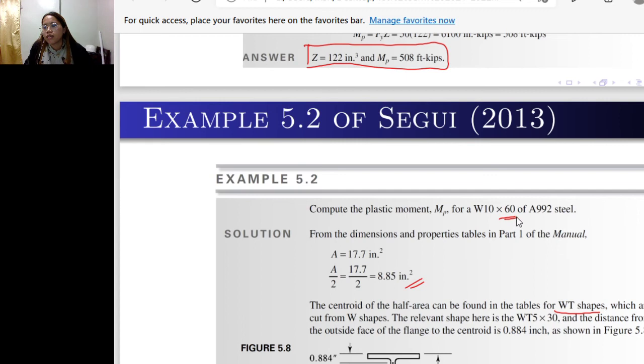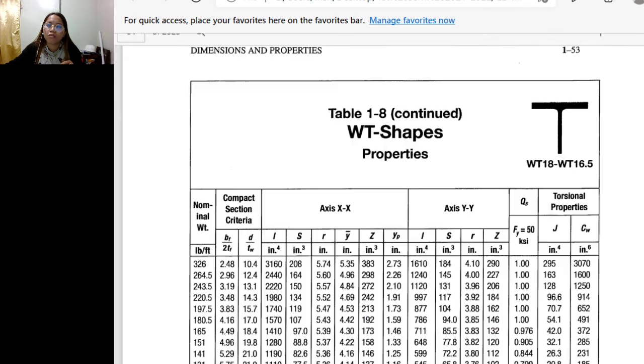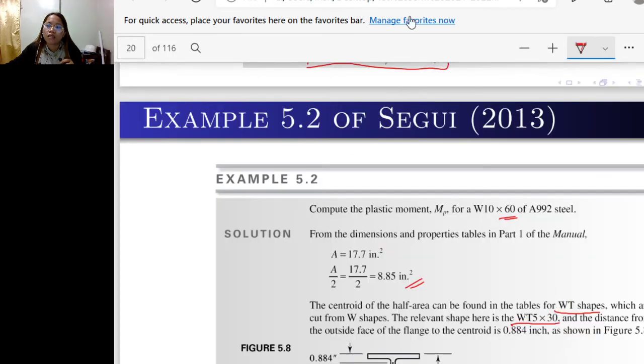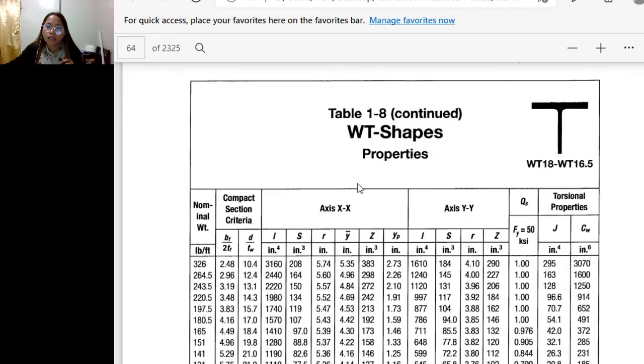So if we divide it in half, this 10 will become 5, and expect the 60 to become half also. So the relevant shape is WT 5 by 30. So if you look in the manual, WT 5 by 30, I mean, the centroid.